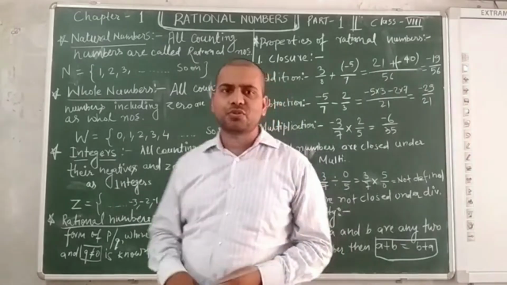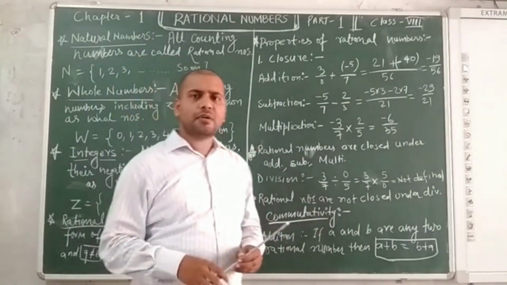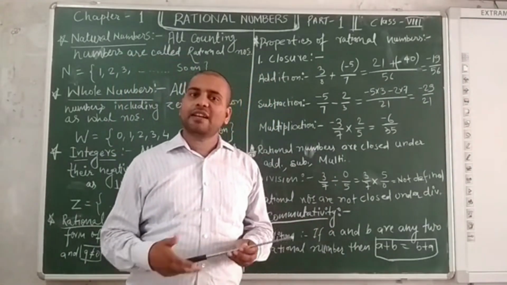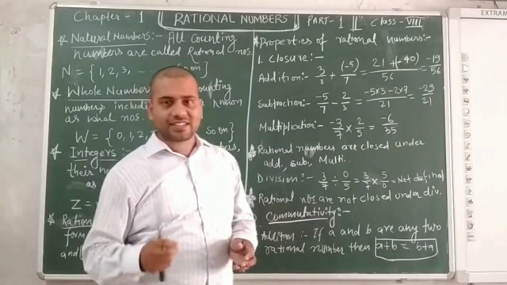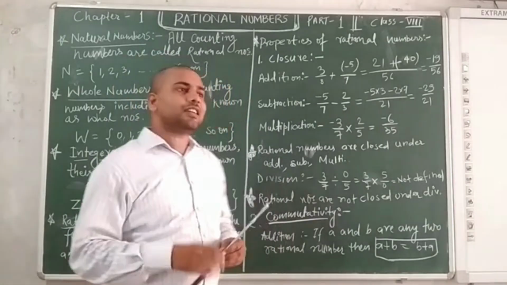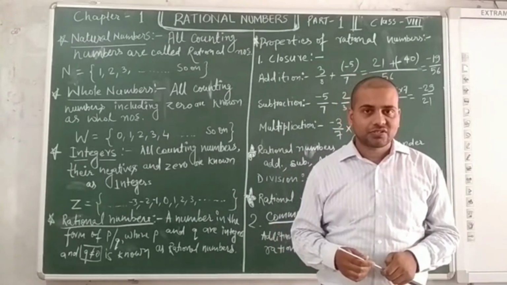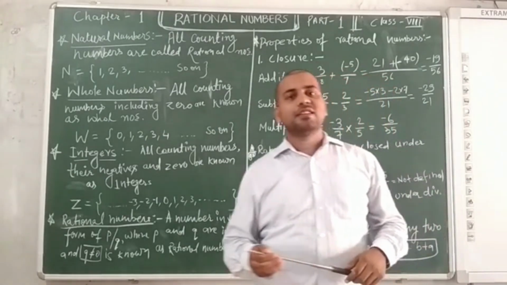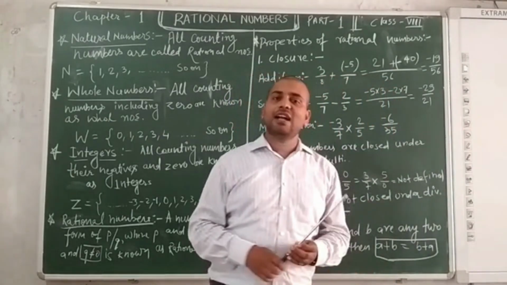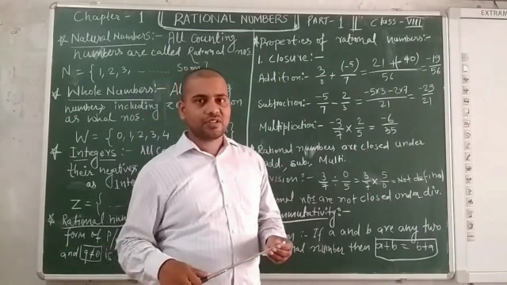Examples will be 1 upon 2, 3 upon 4, 0 upon 5, -4 upon 6, etc. This means rational numbers we have divided into 3 parts: positive rational numbers, negative rational numbers and zero rational numbers. Okay?